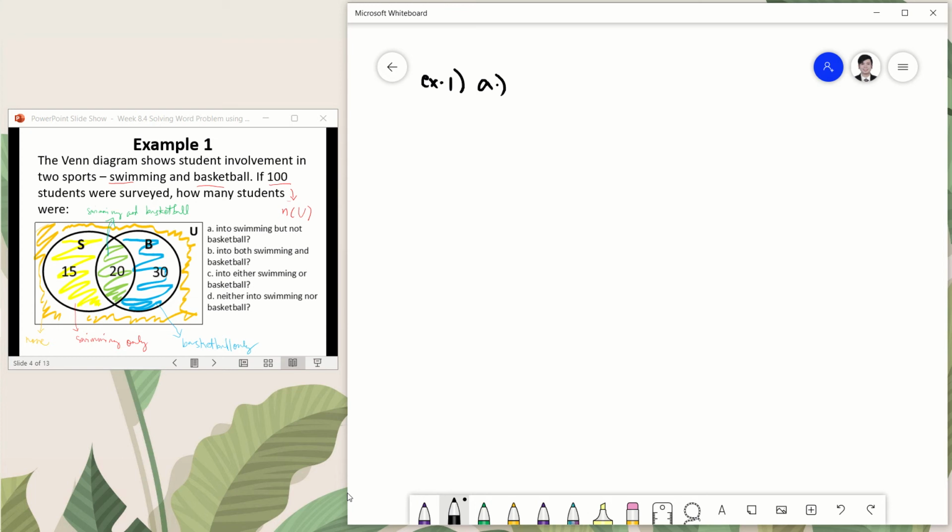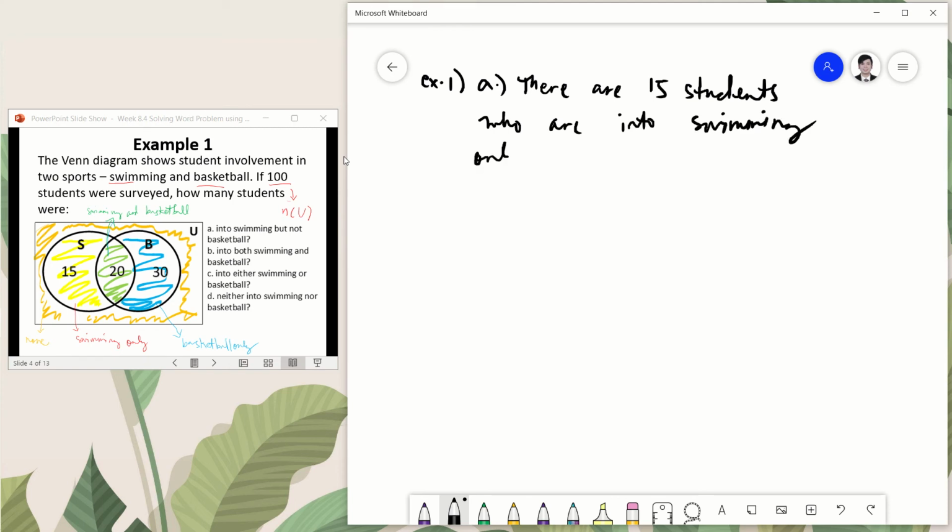That means swimming only, and as you can see, it's 15. So there are 15 students who are into swimming only. Remember, every time we deal with a word problem, the answer has to be in a complete sentence.